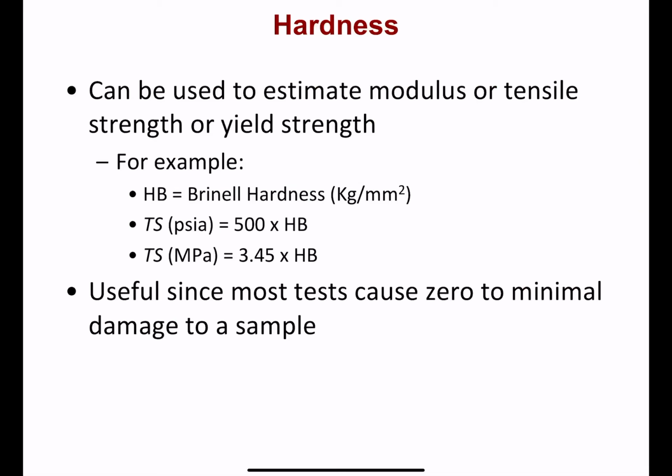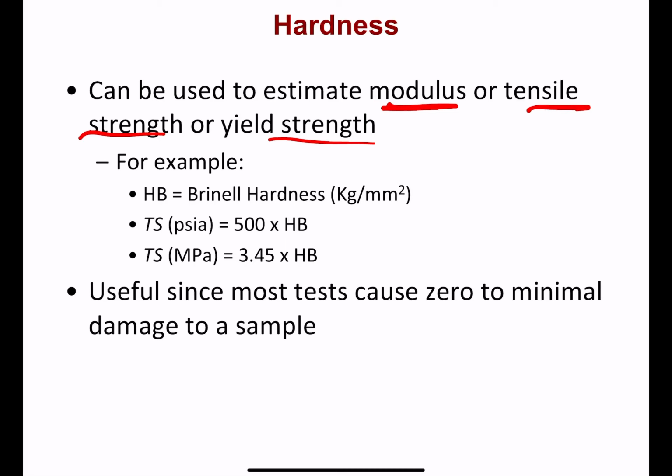Okay, so as I mentioned, hardness and tensile strength and yield strength under tension are related to this hardness value. So we can estimate the modulus or the tensile strength or even yield strength based on a hardness test. Why is this important? Well, making a whole new test specimen for a stress-strain test by tension may not be appropriate.